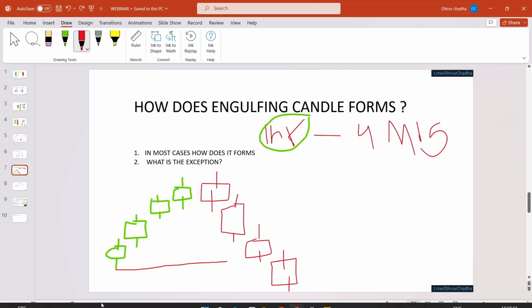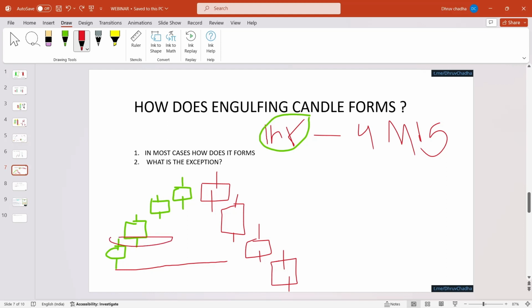But if you look deep into the projection, there are bases that been getting broken. These bases are getting broken, which is eventually a breakout, right? These all are breakouts happening. You won't see a clear engulfing fail, but that doesn't mean that breakouts are not happening. Okay, so this is the exception case.